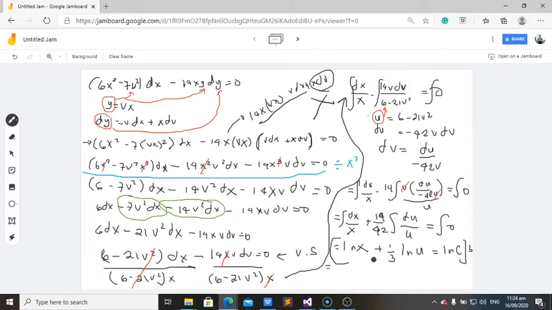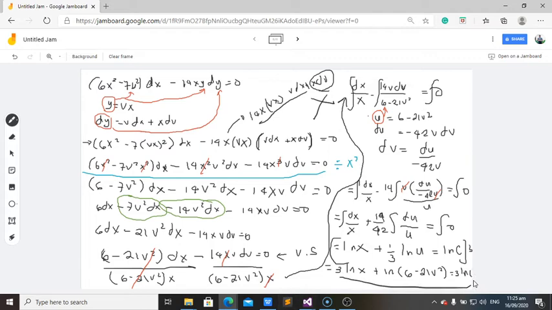Sige, padayon ta. Okay, gi-multiply nako ng 3. So, 3 ln of x plus ln of 6 minus 21v squared equals 3 ln c.